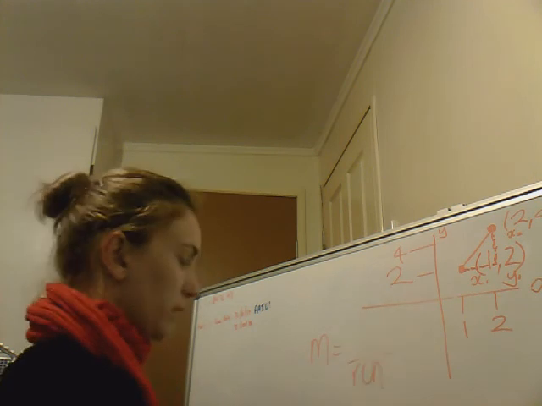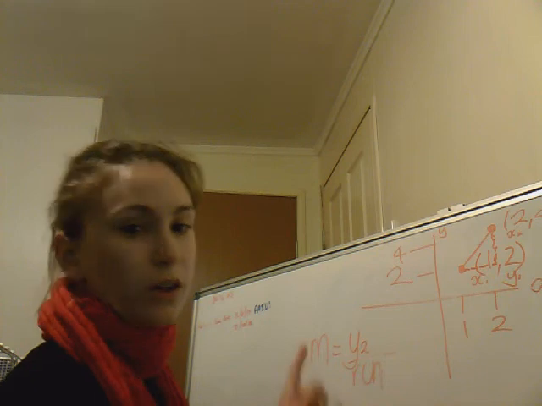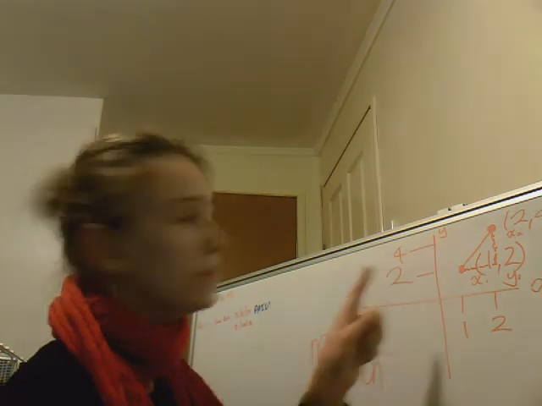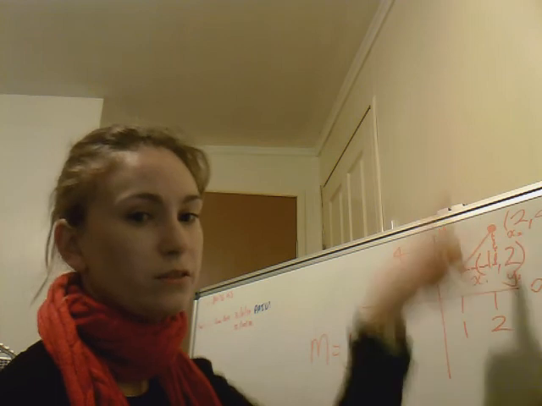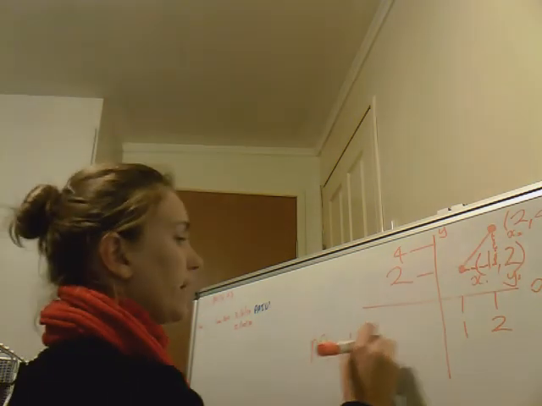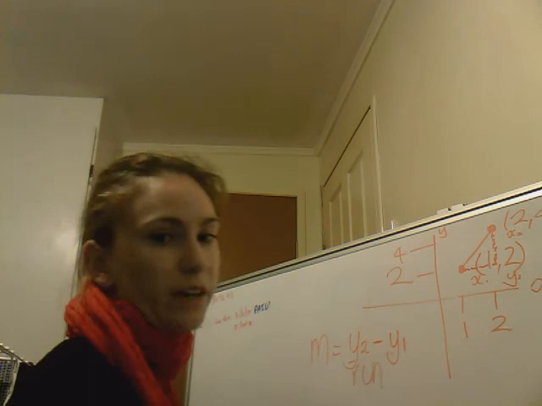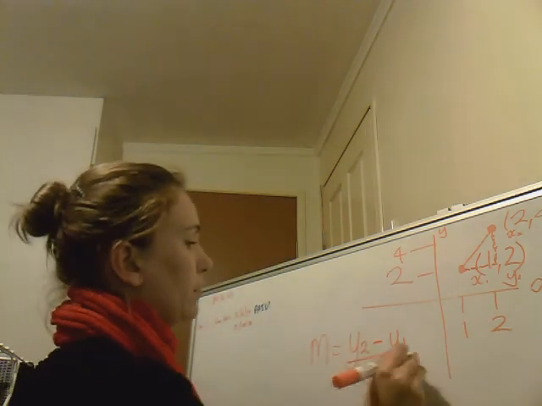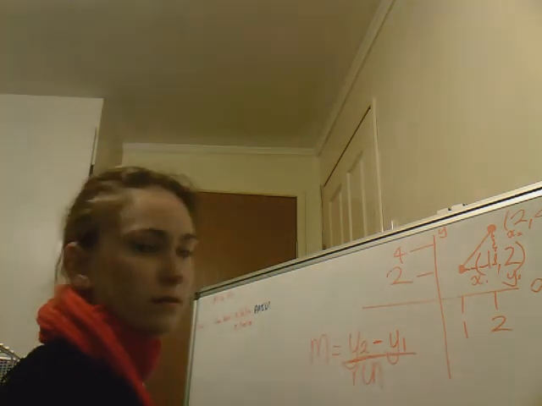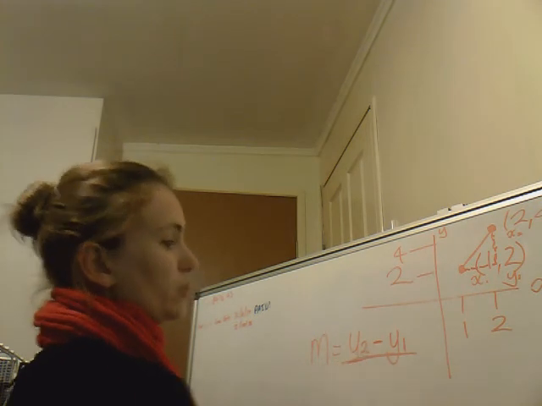So we can write our new rule as m for the gradient. Instead of rise, we can write y2, the y point in our second ordered pair, take the y value from our first ordered pair, the change between those 2 points for y. Run actually means the change in x.